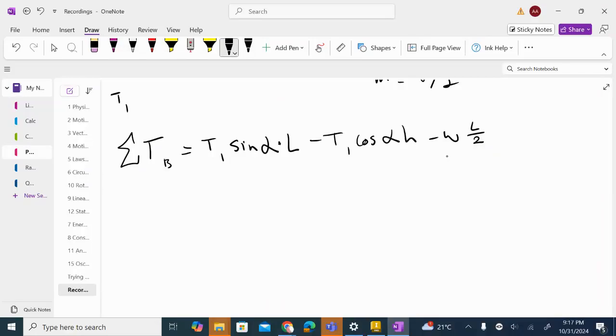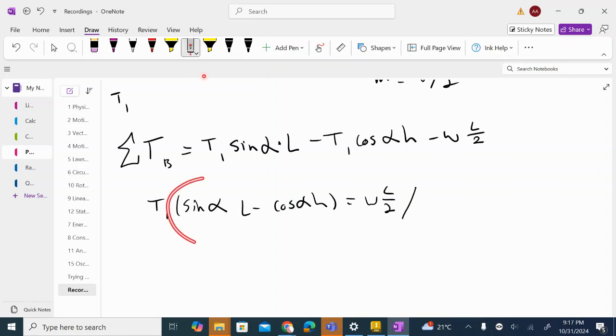If you were to rearrange this equation, I'm not going to rearrange it fully, but it's T1 sine phi L minus cos phi H is equal to WL over 2. You rearrange that, plug in all your equations. Remember, this just becomes divided by all of that.